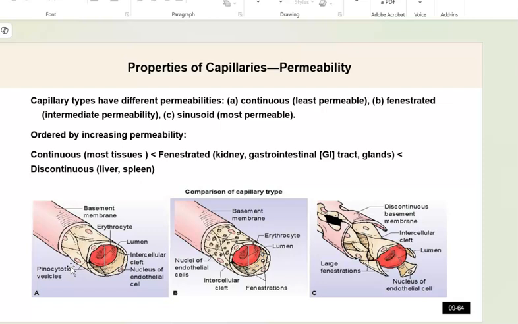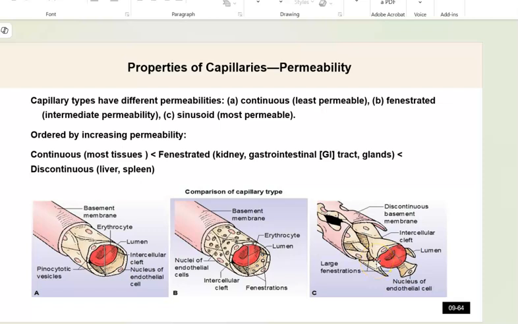Capillaries in the intestine, kidneys, and endocrine organs typically have loose endothelial junctions that are called fenestrated capillaries, which are here. These fenestrated capillaries allow higher rates of fluid exchange, and they often have greater exchange of molecules such as the smaller proteins. The functions of the spleen, liver, and bone marrow, though, require passage of large proteins, so they will have an even greater gap in their cell wall.